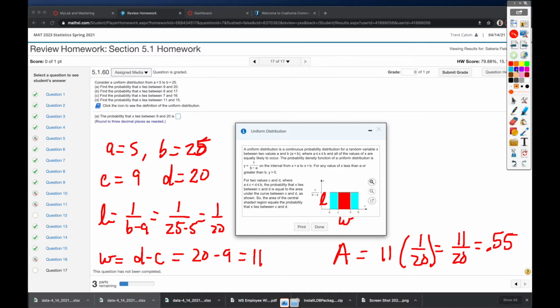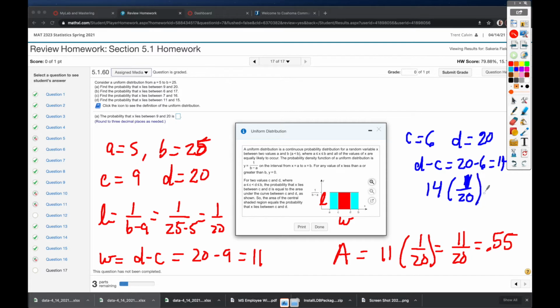So next time we're going to let C be 6 and D be 20. Then my D minus C will be 20 minus 6, which is 14. And so now I have 14 times 1 over 20, and we get 14 out of 20.